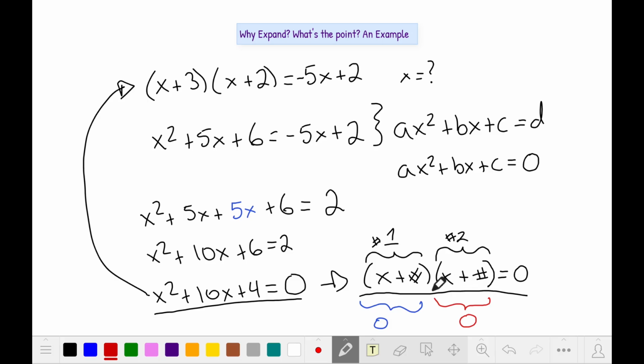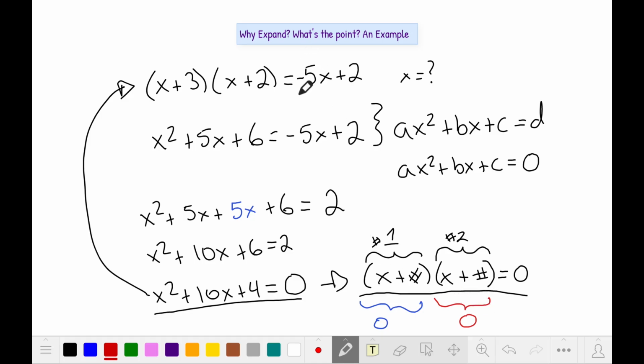So the idea is if we can make this bottom equation look like a multiplication of two terms equaling 0, we know that one of the terms has to be a 0, because the only way for multiplication to be a 0 is if either the blue term is 0 or if the red term is 0.